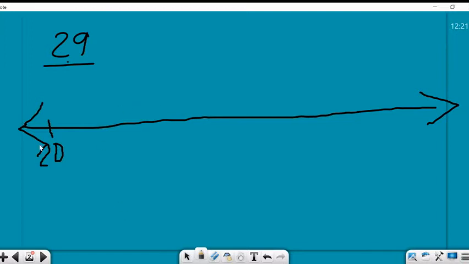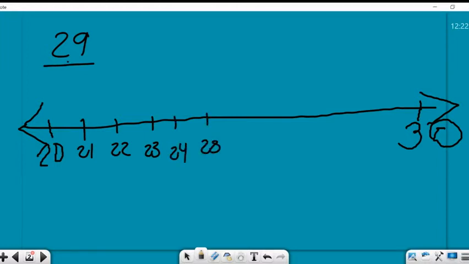And then I'm going to go forward. So what would be the next 10? It should be 30. All right. So then I want to take the number 29 and I want to place it on my number line. So I have 21, 22, 23, 24, 25, 26, 27, 28, and then 29.